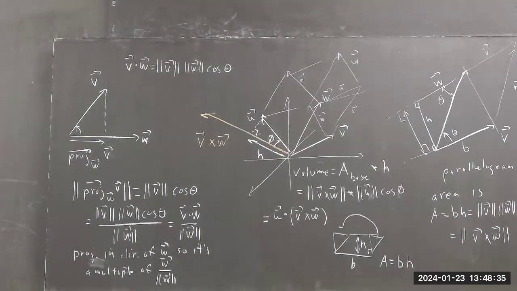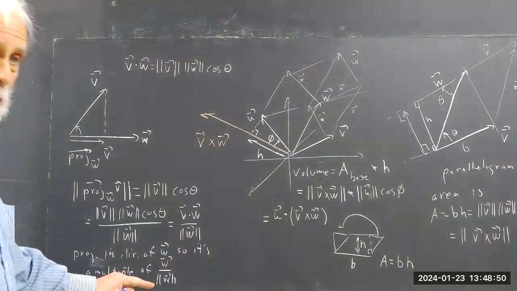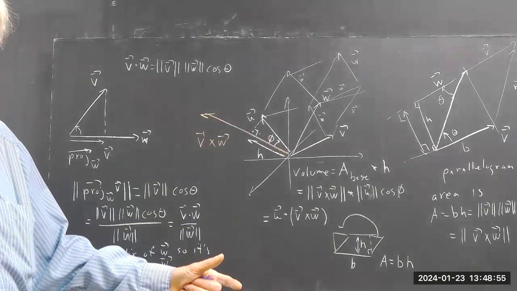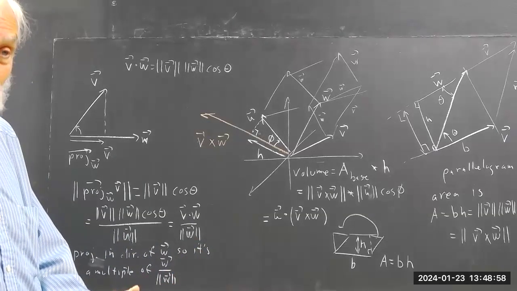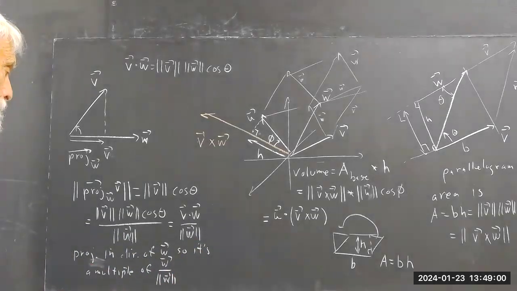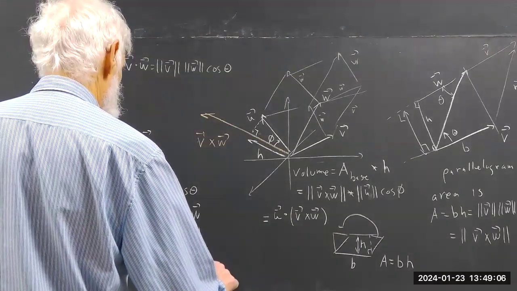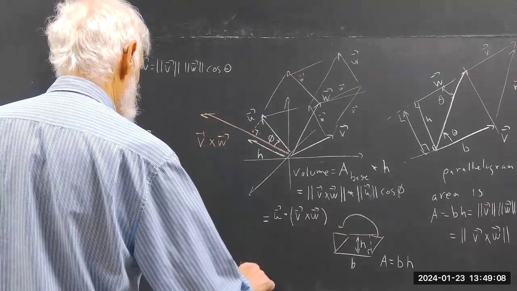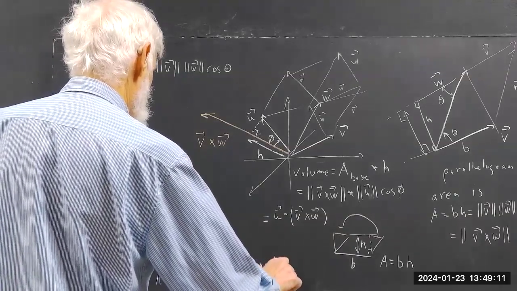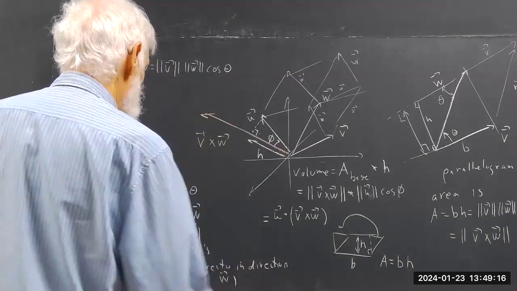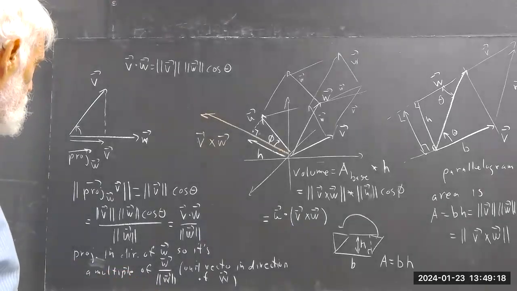What kind of a vector is that? It's a unit vector. You divide a vector by its length. If a vector is 10 units long, you divide it by 10, and you get a vector that's 1 unit long. This is a unit vector in the direction of W.